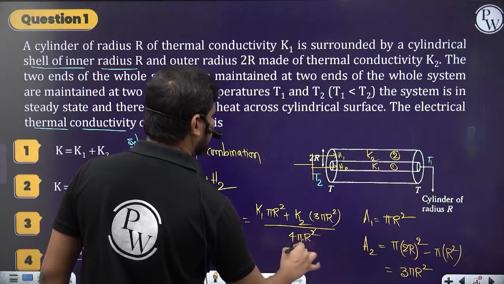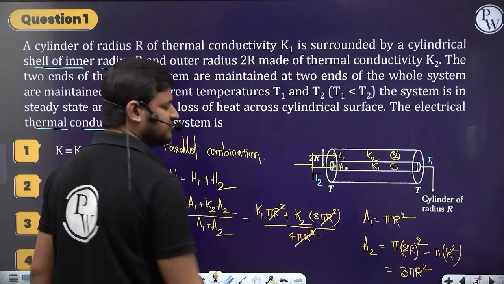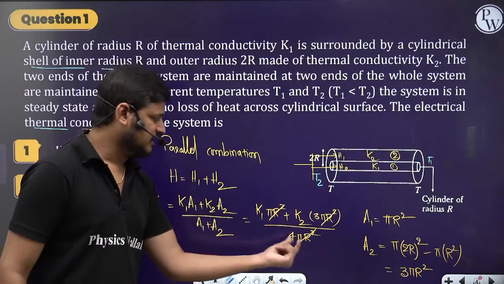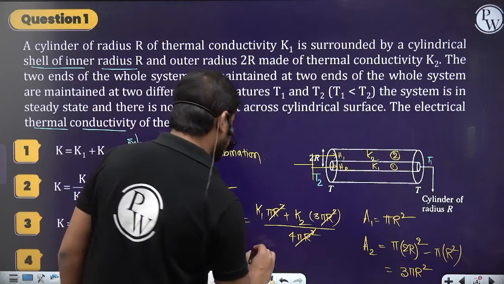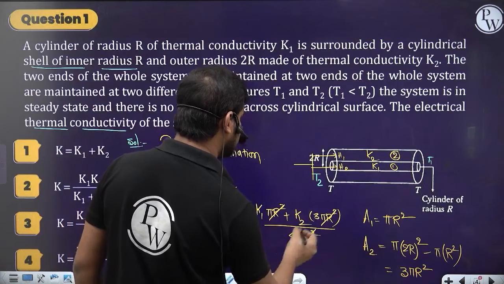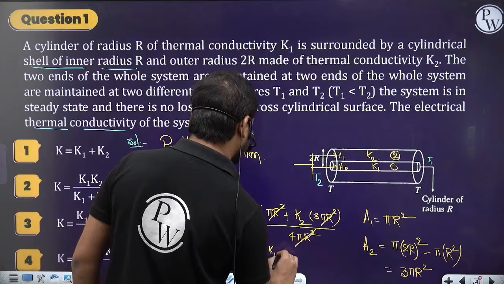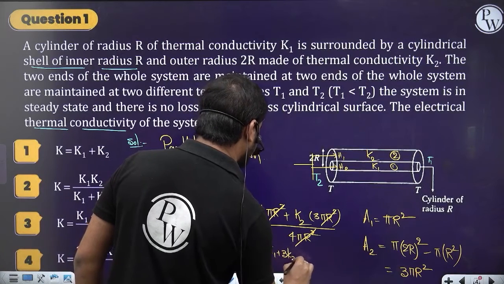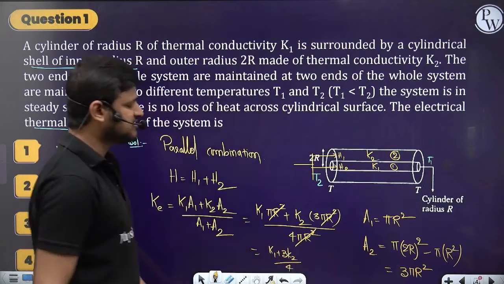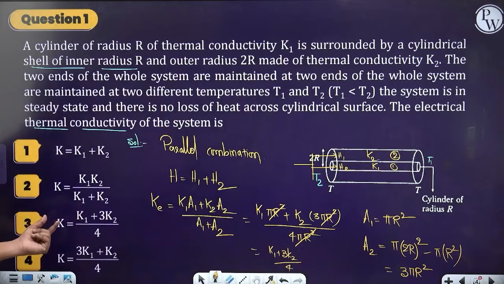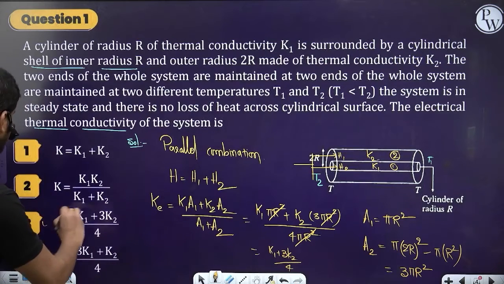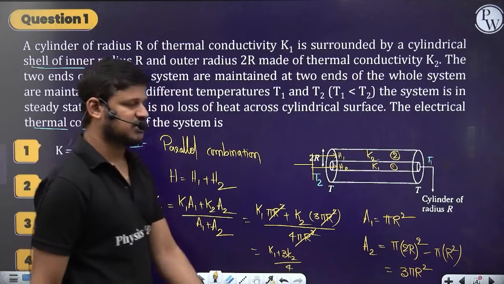I can take pi r square common in the numerator and cancel it from the denominator. So I got K1 plus 3K2 by 4. Option 3 is the correct one, guys.